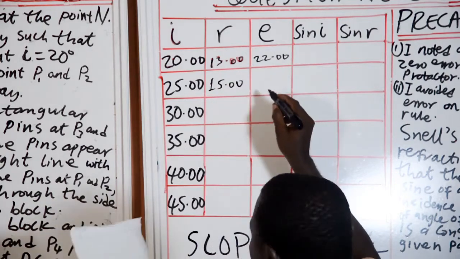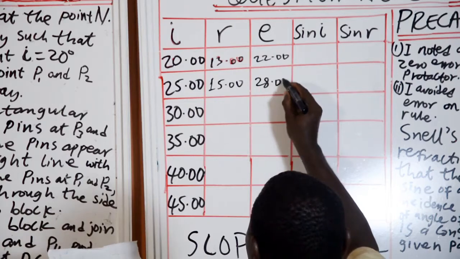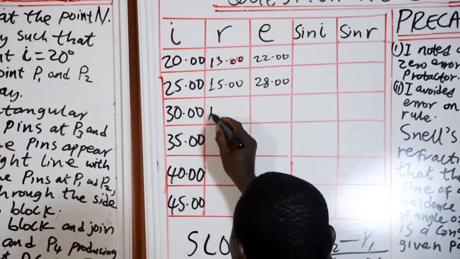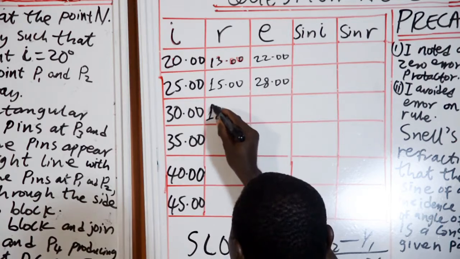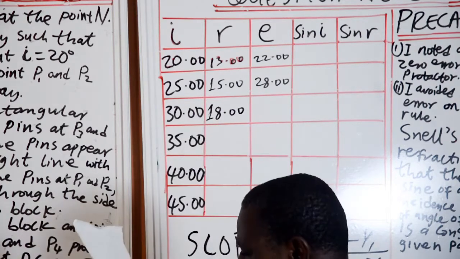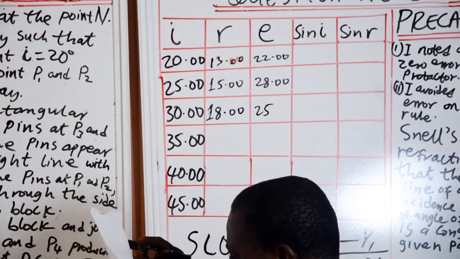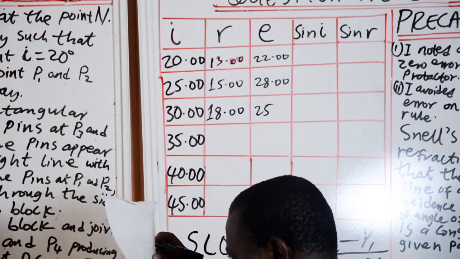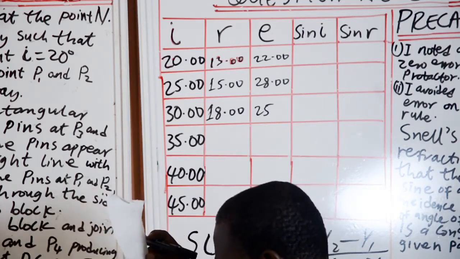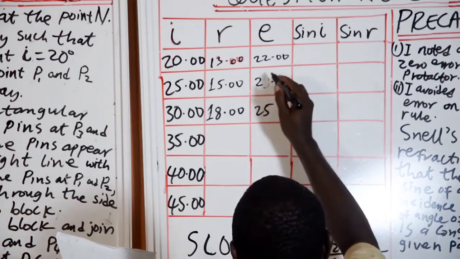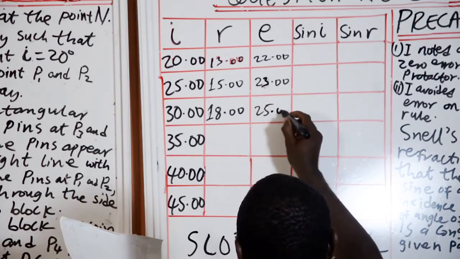Angle of emergence 28.00. When it is 30 degree, I got 18.00. And emergence 23. Sorry, this is 23.00.